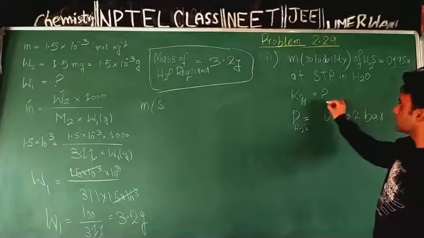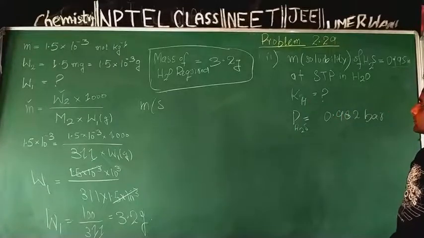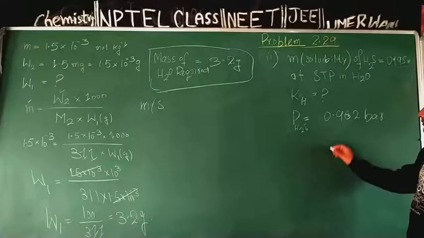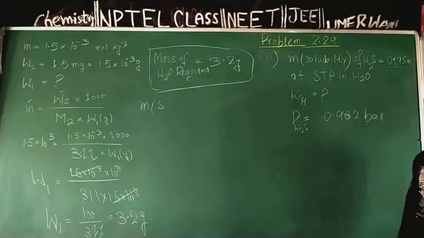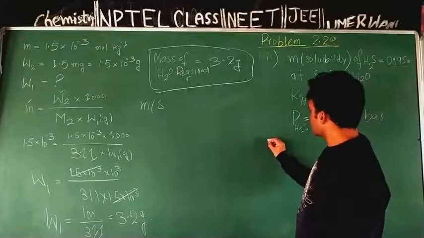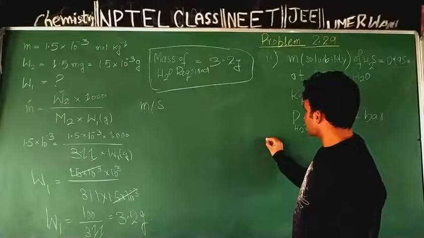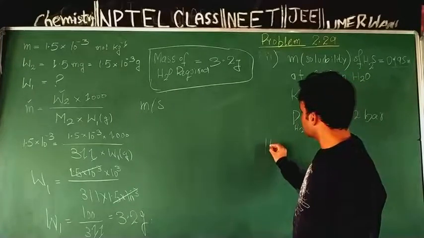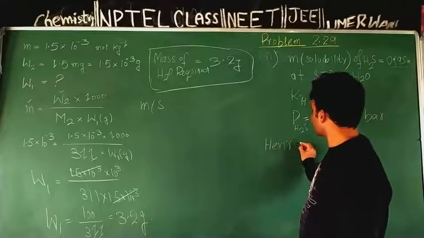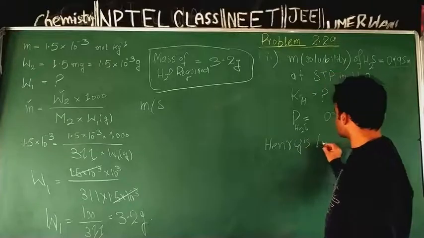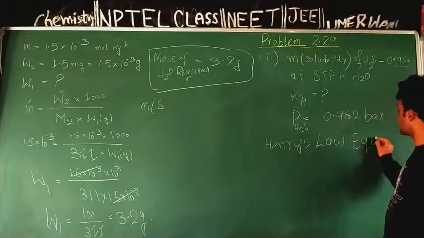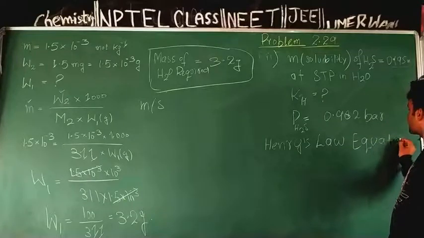Now we have to calculate Henry constant of hydrogen sulfide at 0 degrees Celsius, standard temperature; given is the partial pressure of hydrogen sulfide in atmosphere. So the idea is we have to use Henry's law equation here in order to solve the problem.